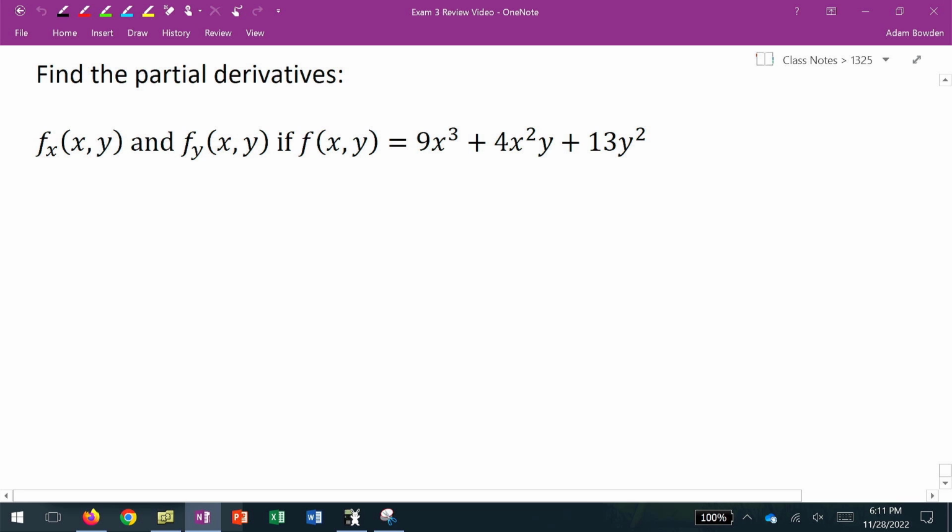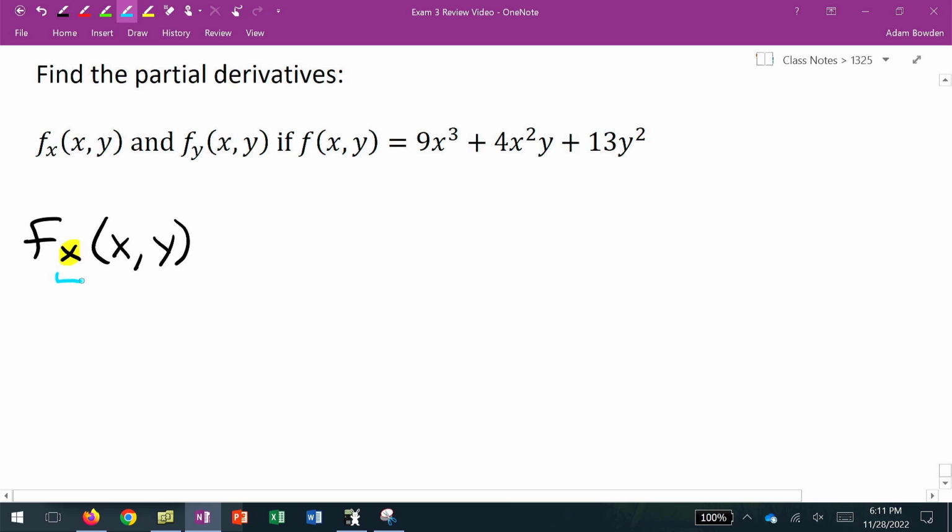Okay, and this next thing, what we're going to do is find partial derivatives. Now our partial derivatives are denoted with this subscript, like f subscript x of x comma y. What that means is we're still taking the derivative like we had with f prime, but we're taking it with one of the variables considered as a constant and the other one considered as a variable.